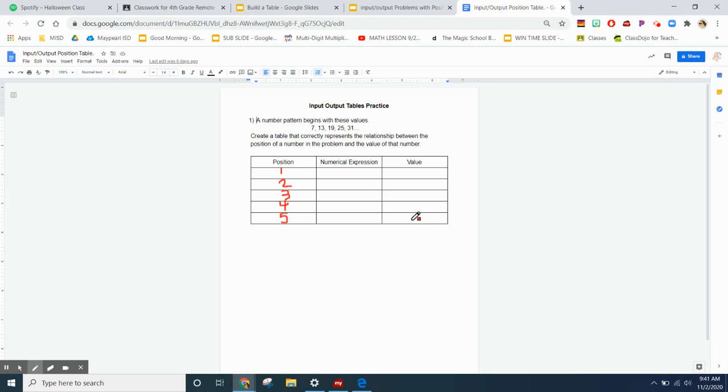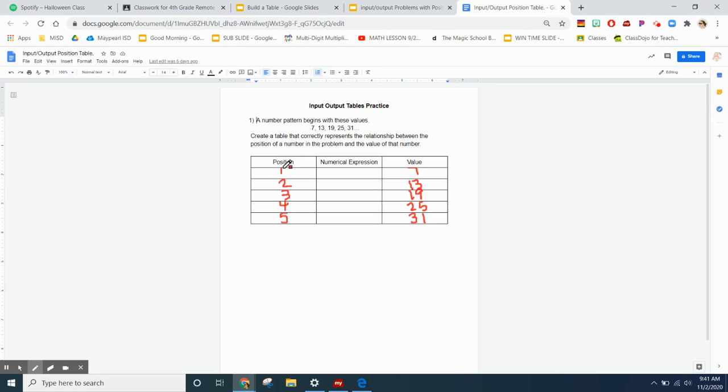And our values are what's in the list: 7, 13, 19, 25, 31. So we already have most of our table complete just by organizing the positions and the values.